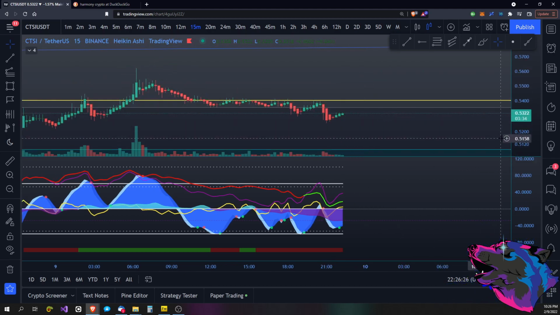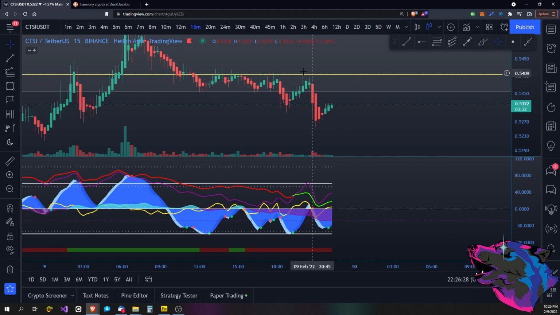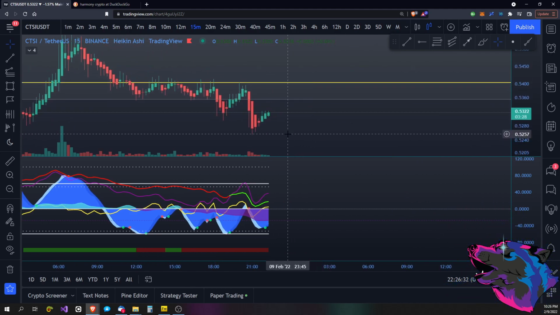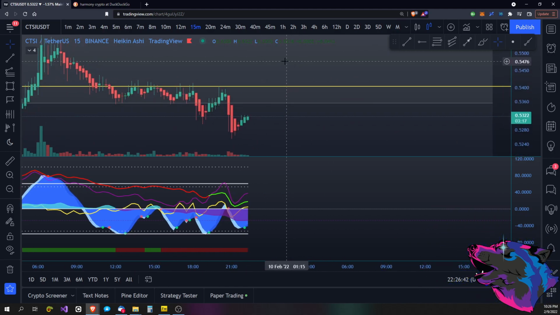The biggest thing that's going to depend is if we can get back above this previous high. If nothing else, I might expect this to come up, and if we at least get a higher low, then maybe we could be looking at a little trend reversal here.